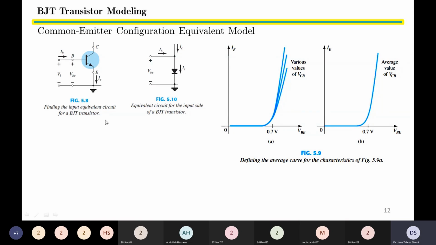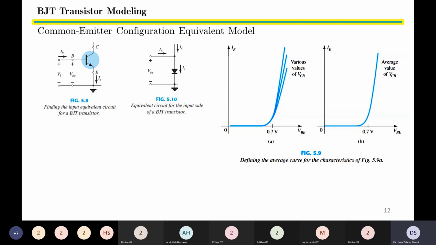Now, our BJT transistor, as shown in figure 5.8, has three terminals: the base terminal, the collector terminal, and the emitter terminal. From the base to emitter, there flows the base current, from the collector to the emitter there flows the collector current, and from the emitter to the ground there flows the emitter current.